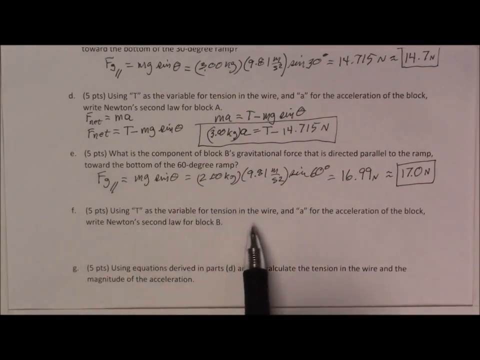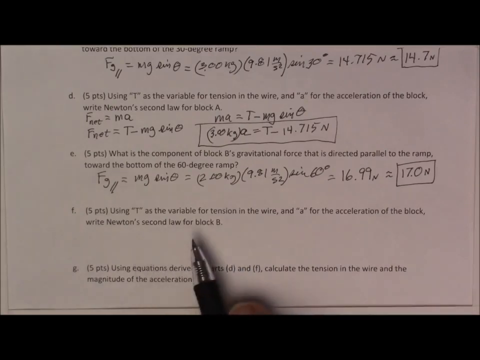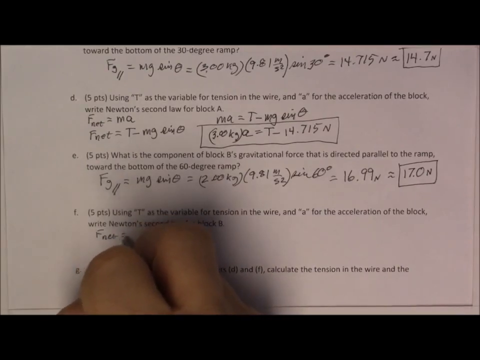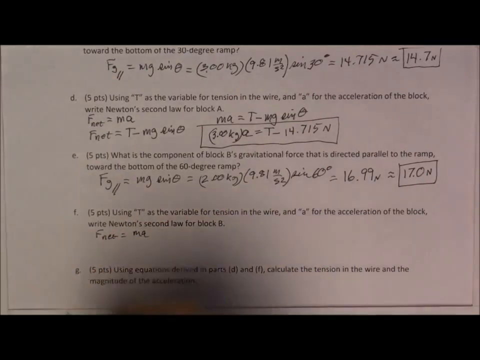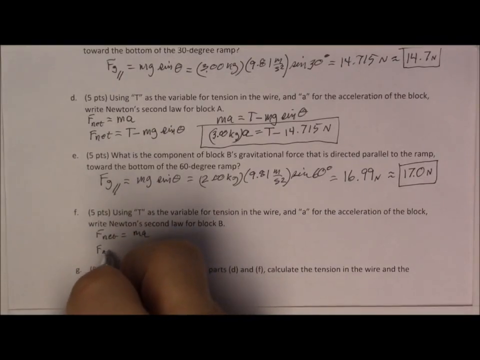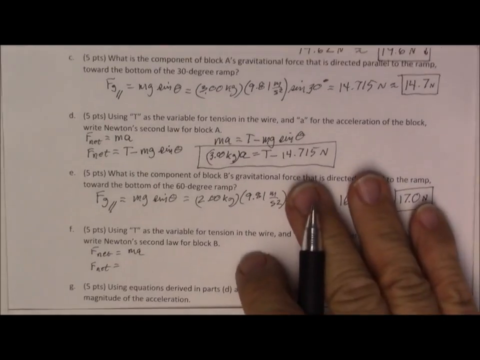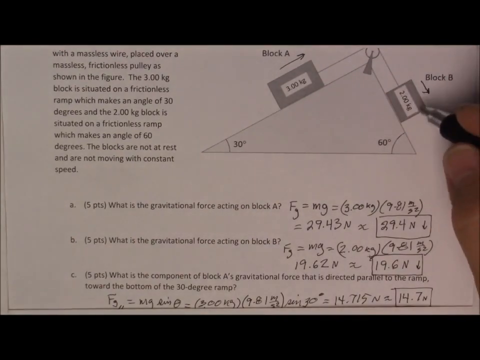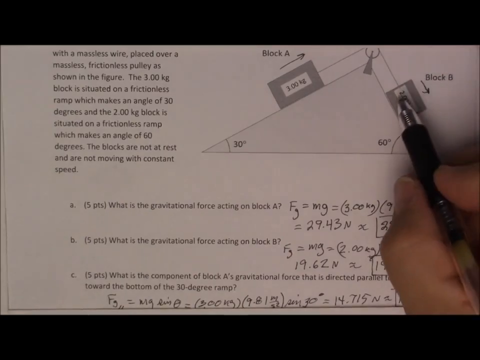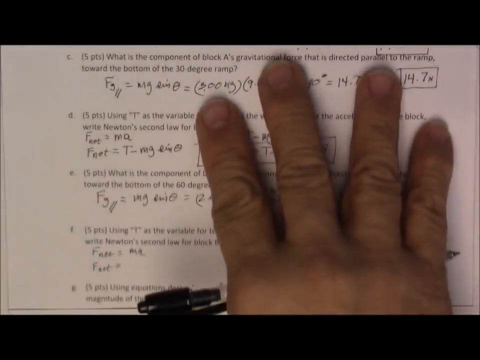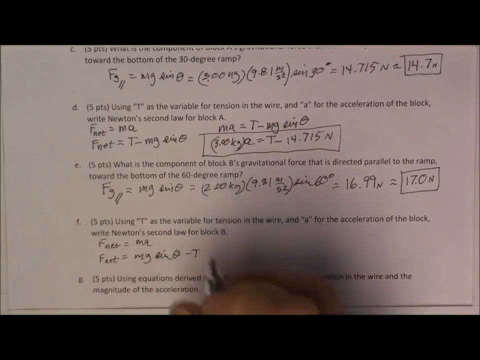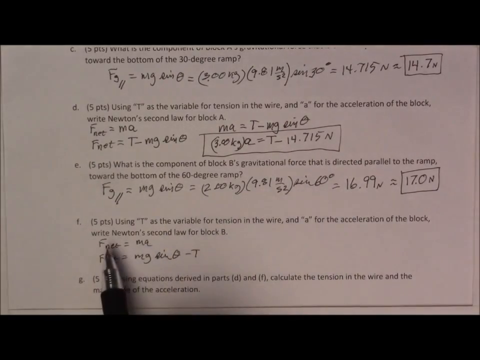Using T as the variable for tension and a for acceleration, write Newton's second law for block B. Well, Newton's second law, F net equals, you guessed it, ma, and we have another expression for F net, and that is the net force itself, which we can calculate as, again, in the direction that we've assumed the acceleration occurs, the net force will be mg sine theta minus T. All right, we have two expressions for net force.